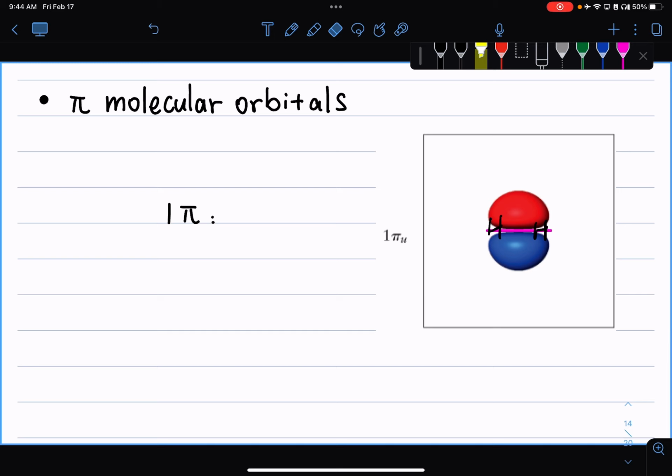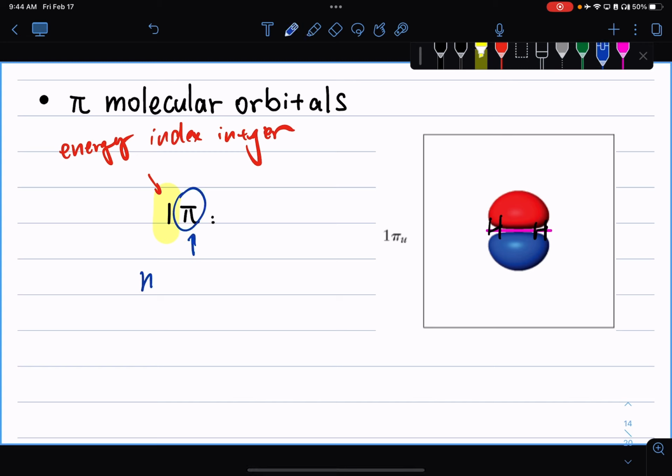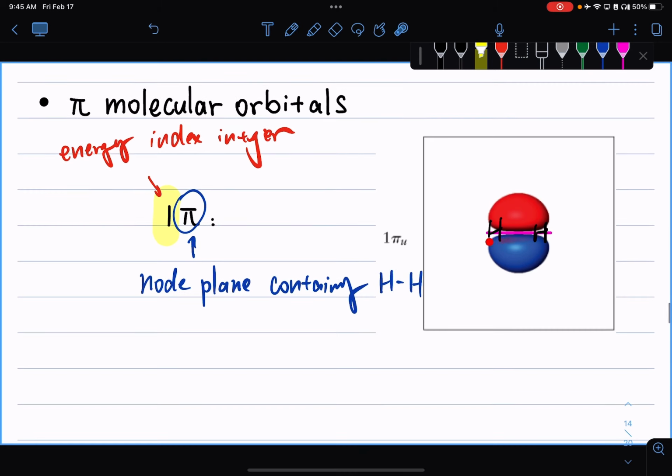So here we have our similar terminology, right? 1 is my energy index number. And this pi just tells you there exists a node plane containing the HH axis. So if my axis is highlighted here, that node plane contains that HH axis. You don't need to know what that u means in this case.